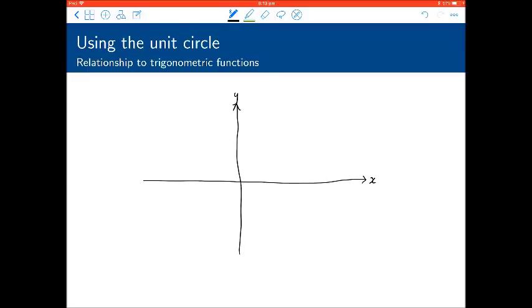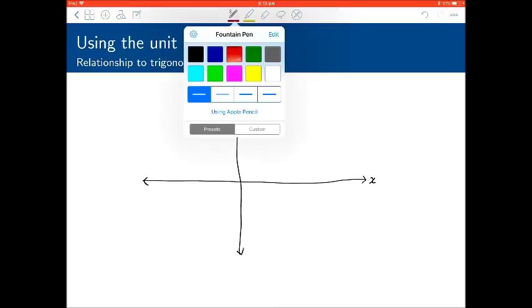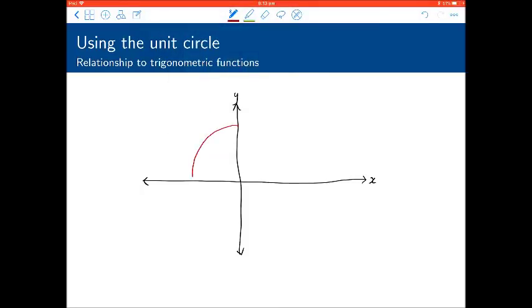So I have my usual axes. The unit circle is just the circle of radius 1 centered at 0. So this is the circle of radius 1 centered at 0.